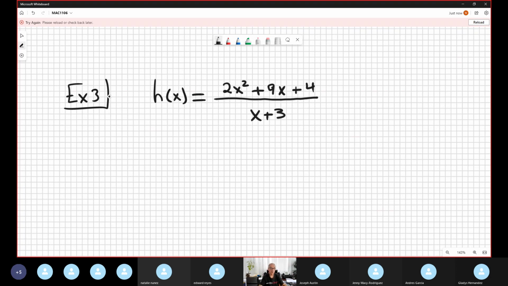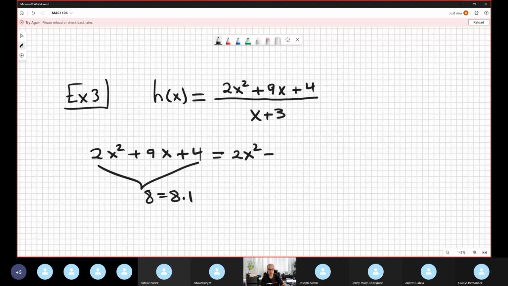Okay. Step number 1, factor. You take the polynomial at the top and try to do your best in the factorization. You multiply, it's 8, and the combination maybe is 8 and 1 because 8 times 1 is 8, and 8 plus 1 is 9. This is equivalent to splitting 2x squared plus 8x plus 1x plus 4.